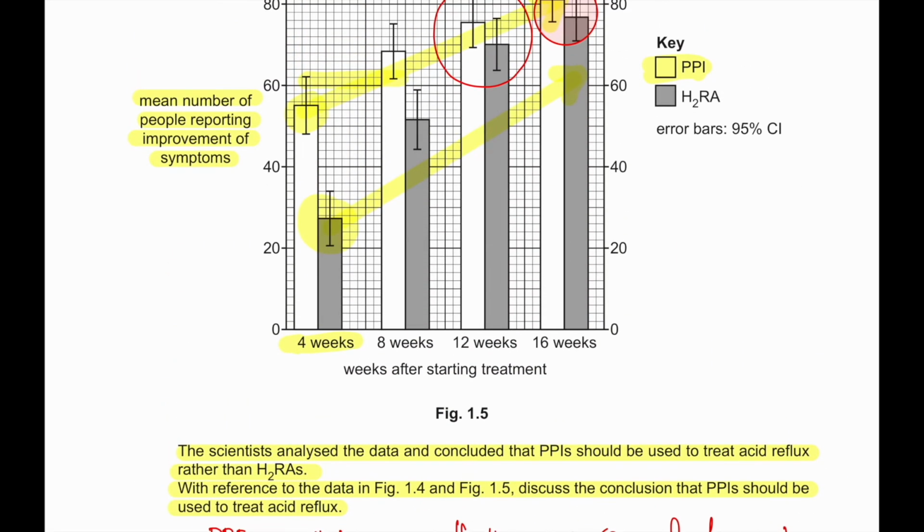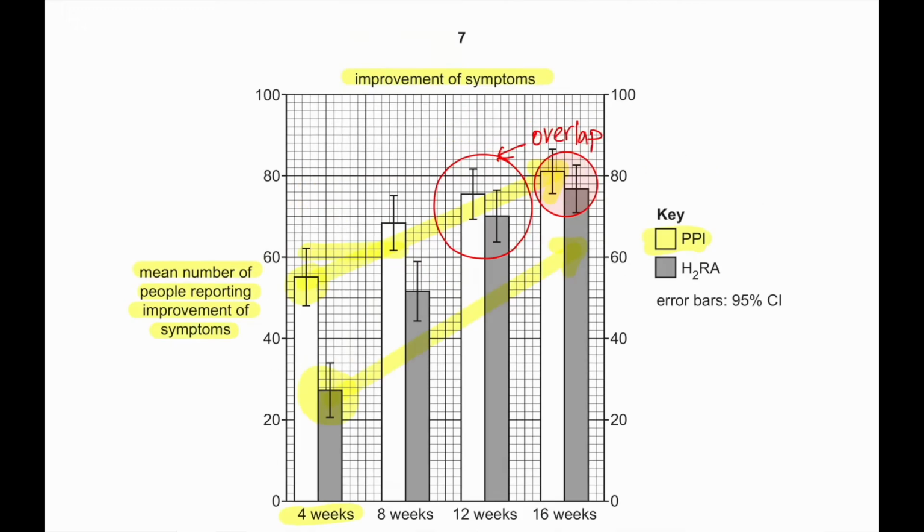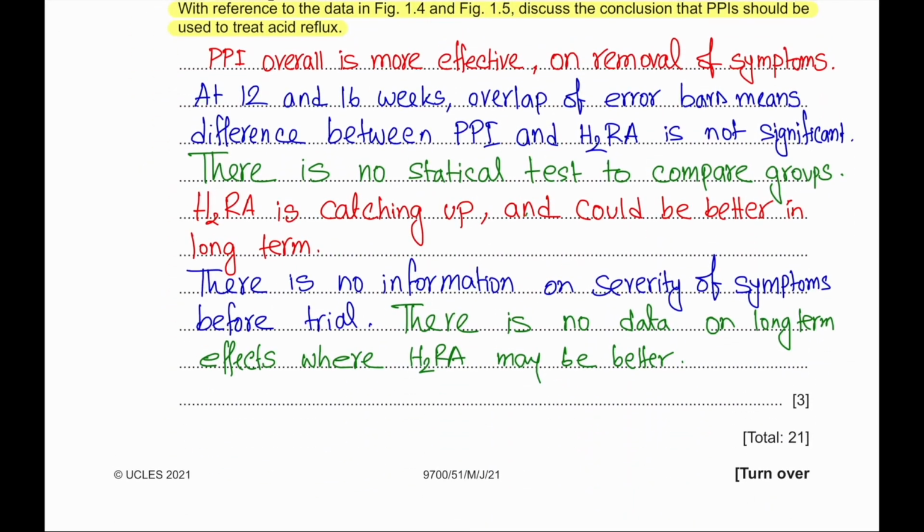Even though we can see that H2RA is improving the symptoms, there is no long-term data on whether H2RA or PPI will be better. So keeping that in mind, there is also no data on the side effects.